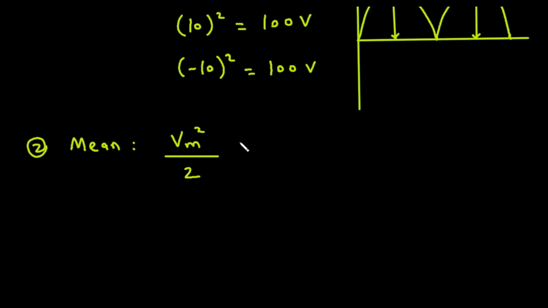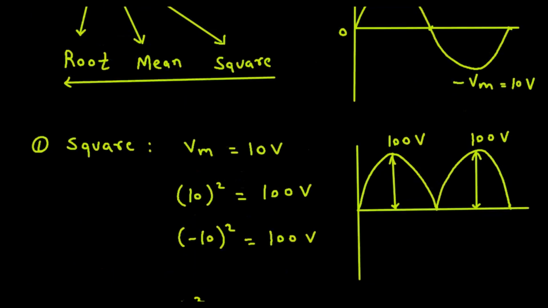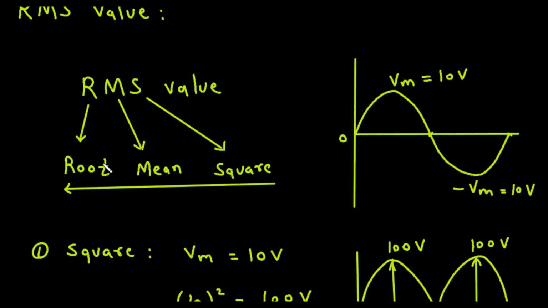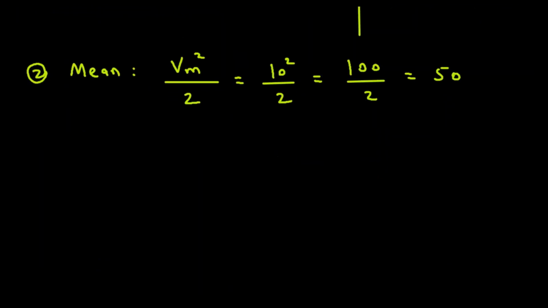Since we are taking Vm square divided by 2, it will be simply 10 square divided by 2. 10 square divided by 2 is 100 divided by 2, which is nothing but 50. Now, we have completed step number 2. Next step is to take its root. Step number 3, we have to take its root.